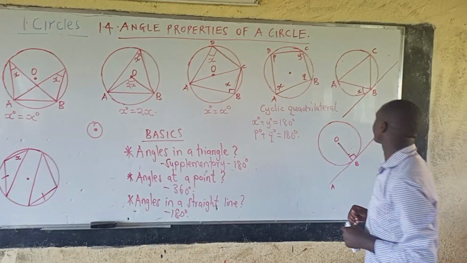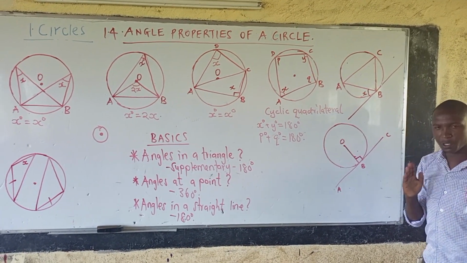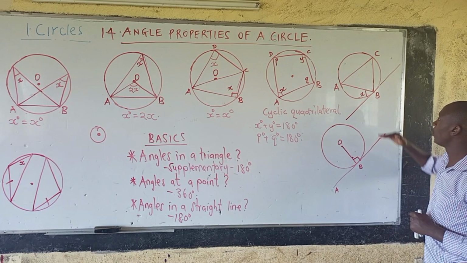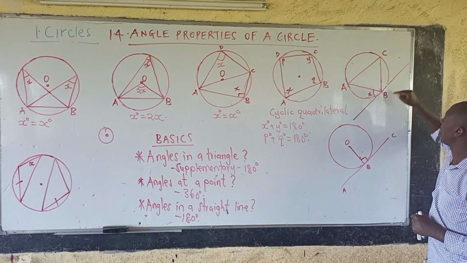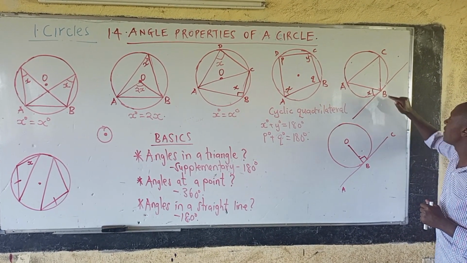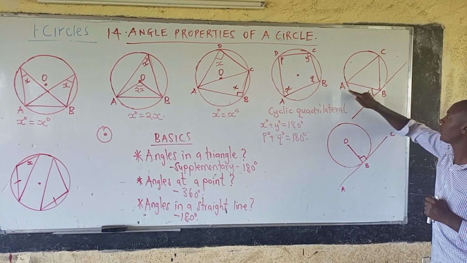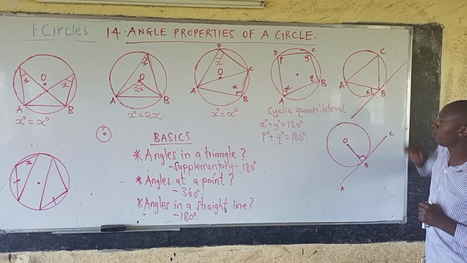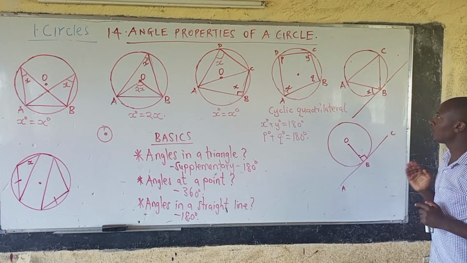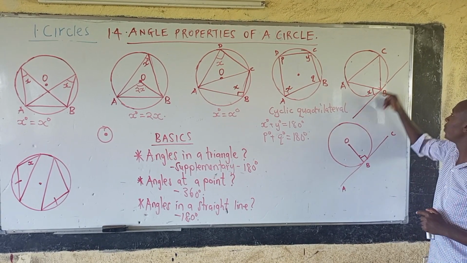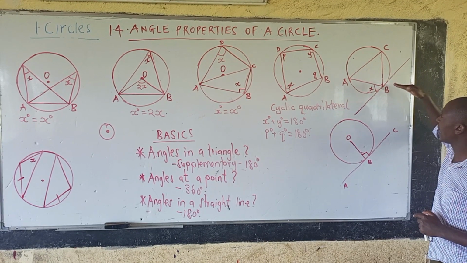In the fifth case, we have a circle with a tangent. Of course, in our previous videos, we have explained more about tangents, and now you know what they mean. So this is a tangent, and from the tangent point, we have a chord AB that originates from the tangent point, and that chord subtends an angle to the circumference. So what will be the relationship between the angle formed between the tangent and the chord?